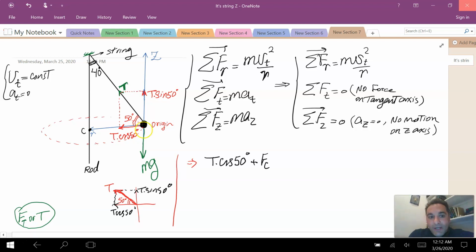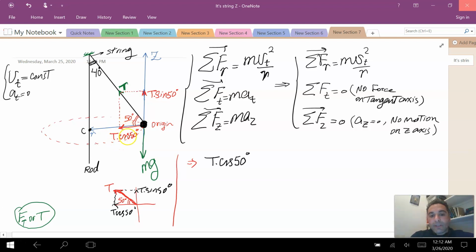So you have only one force, which is T cosine of 50, formed by centripetal force. So do not write this, okay? Please be careful about this. One more time. How many forces do you see on the radial axis? It's only one in this problem. What is that? Just that arrow.